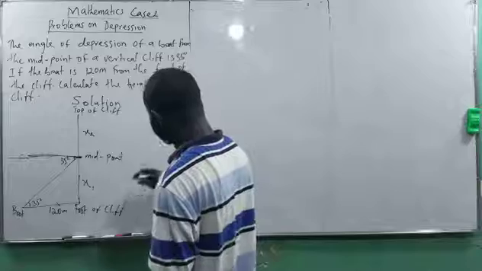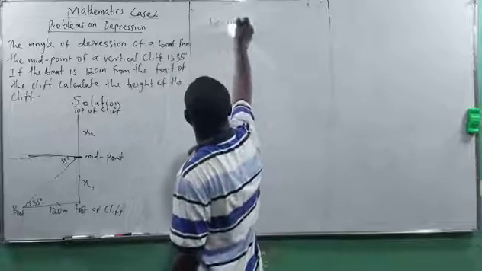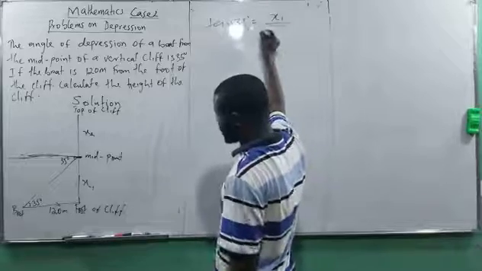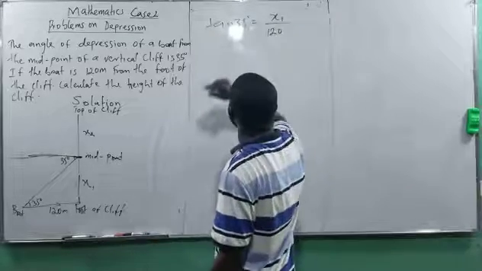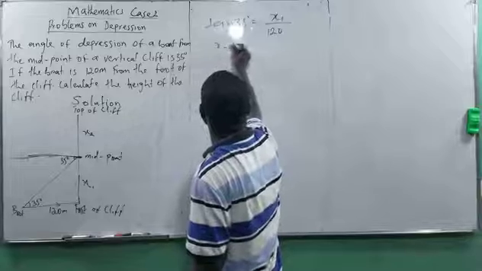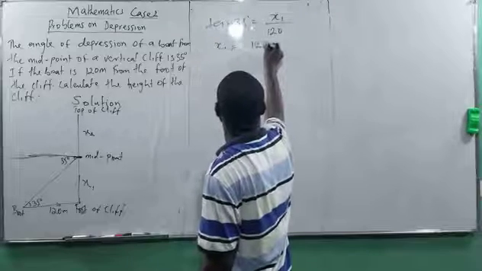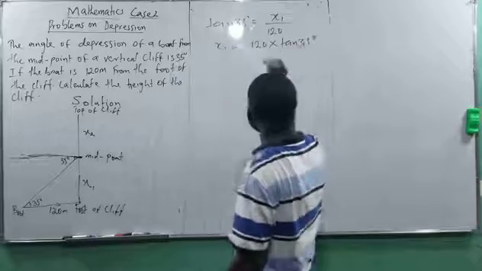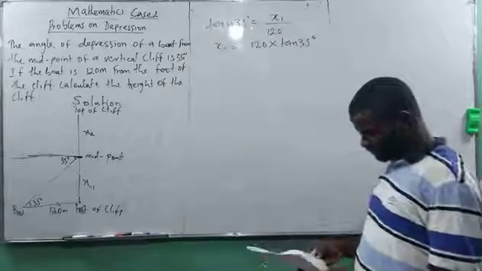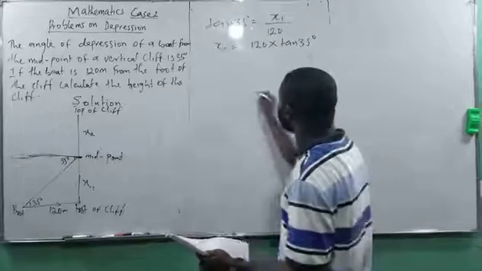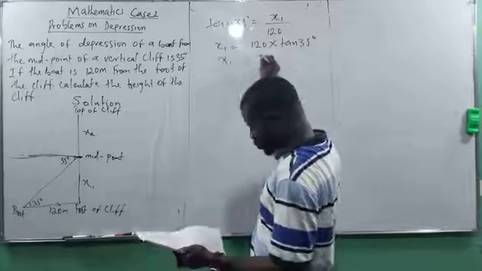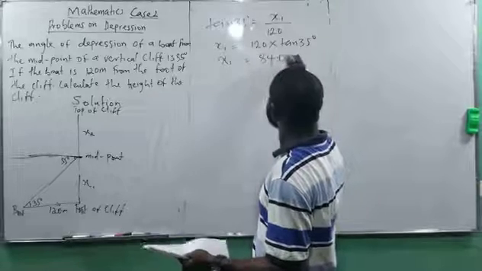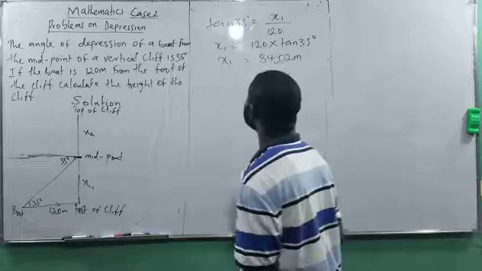So now the first thing I will do is tan 35 degrees equals x1 over 120, and x1 will be equal to 120 multiplied by tan 35. Now that is what we are going to get there. Now if I do that, x1 will be equal to 84.02 meter. That is the first thing I will get.